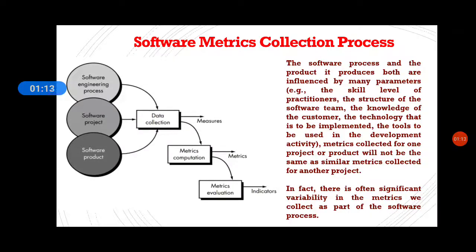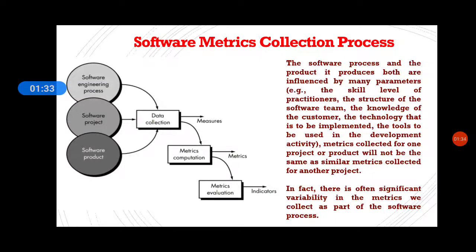The software process and the product it produces are both influenced by several parameters. Example, the skill level of practitioners. Here practitioners are nothing but the software professionals.